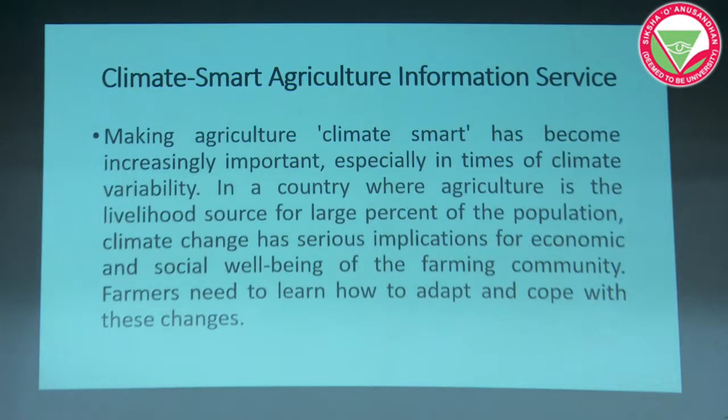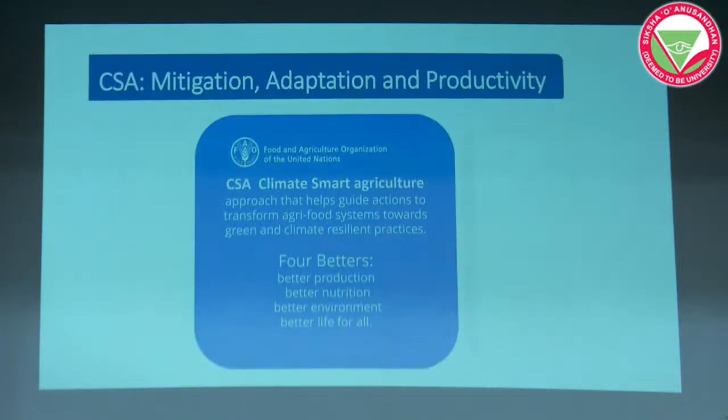Now, climate smart agriculture is coming in a big way under climate change issues. All the features I have mentioned have been taken together, and these four aspects, for better production, better nutrition, better environment, and better life for all, have been taken as the four pillars in the climate part.